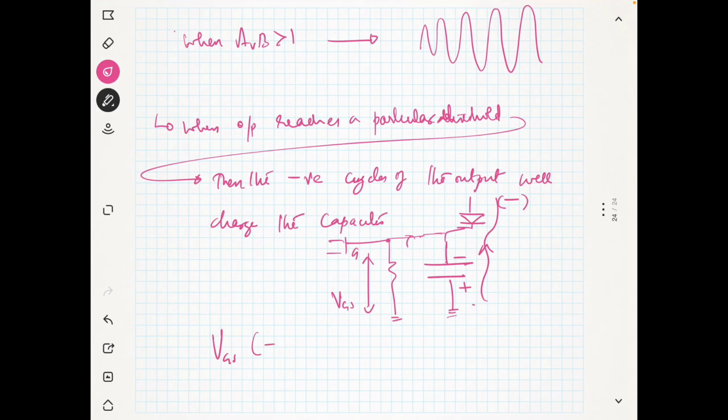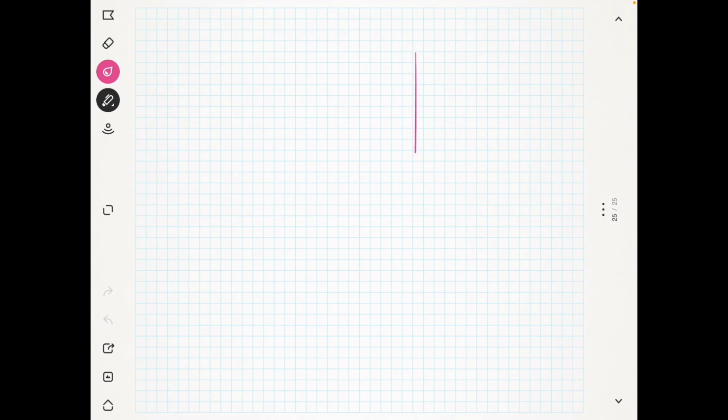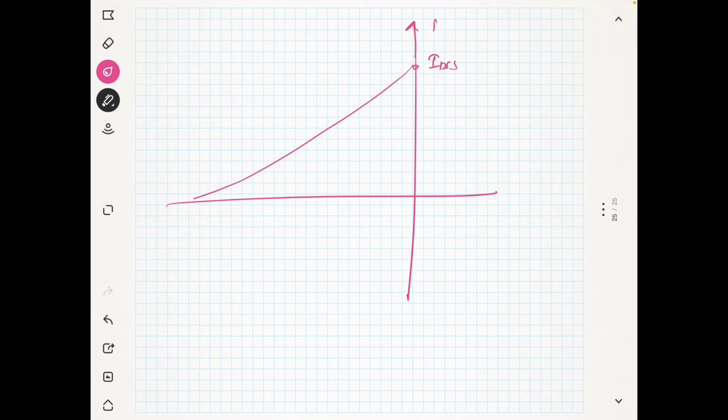Because of that, VGS was 0 previously, now VGS is negative, and this charge will increase, so the magnitude of VGS will also increase. As the magnitude of VGS increases, and when VGS reaches VGS off, this is the characteristic of the JFET. This is IDSS, this is ID, and this is your VGS.